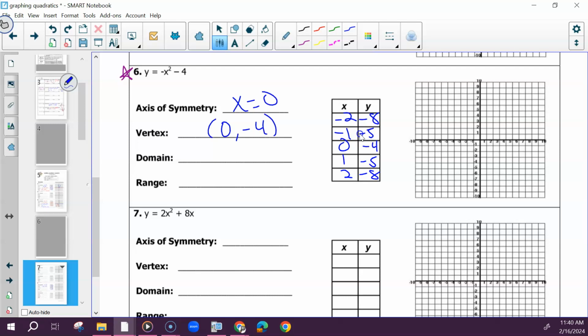We can go ahead and graph those 5 points. This should face down.